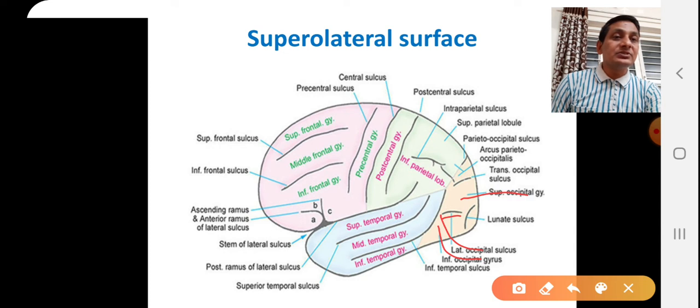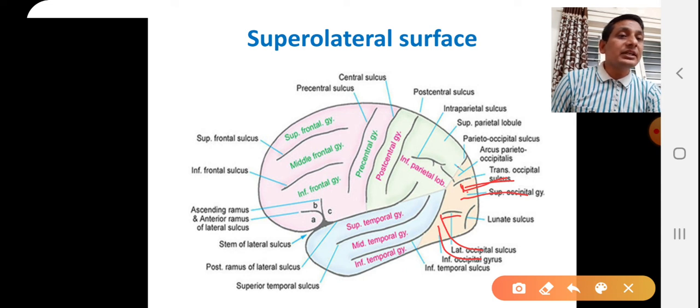Then the transverse occipital sulcus. The area exactly opposite to the parieto-occipital sulcus is the arcus parieto-occipitalis.